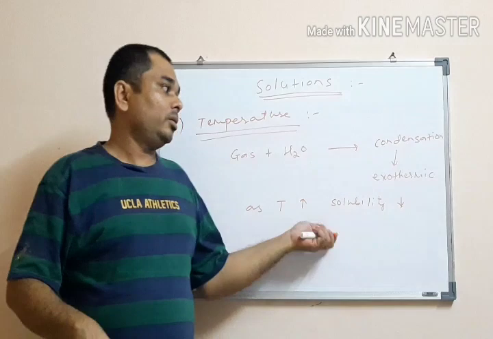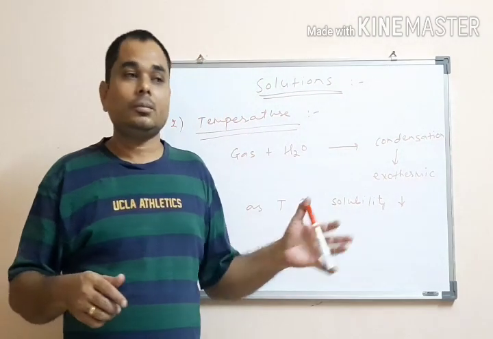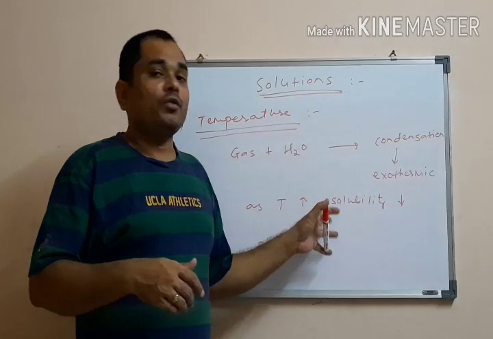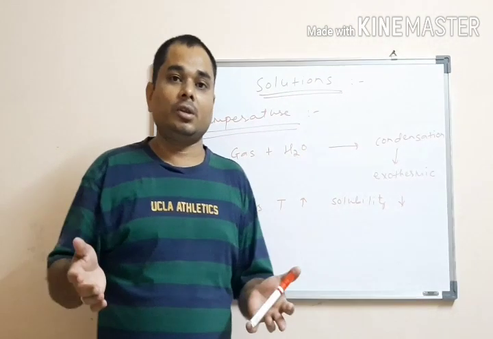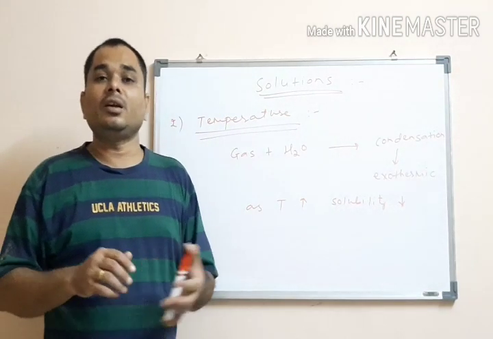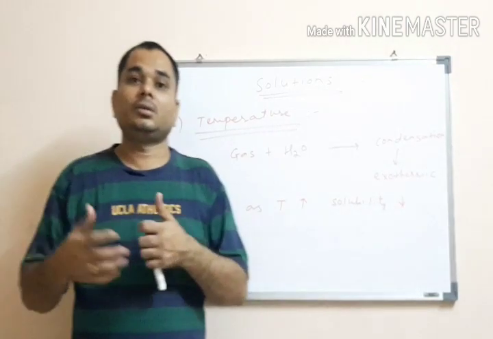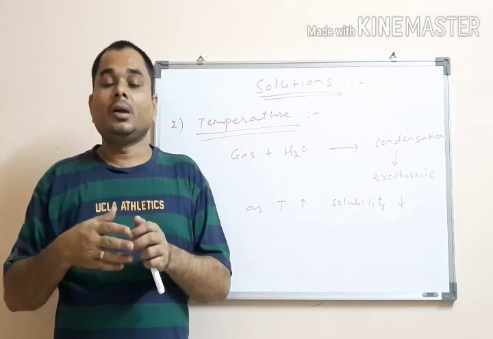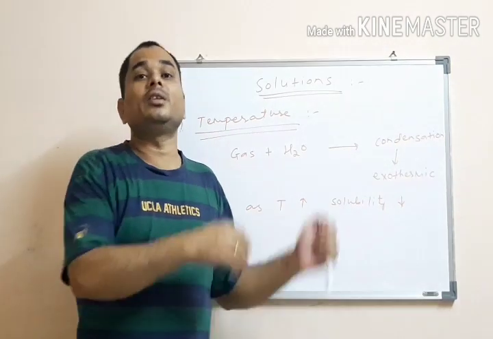Now this is very, very important. Say for example, there is some river and there are industries adjacent to that. Sometimes industries behave irresponsibly and do not treat the effluent properly, and the water which is at a higher temperature is just released into the stream.